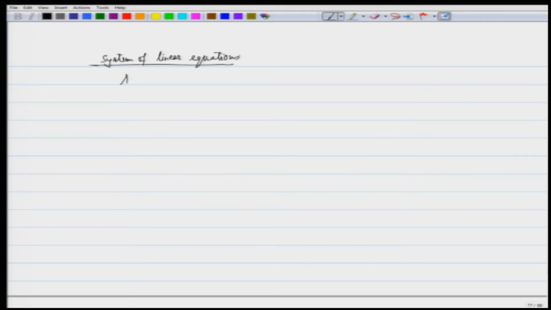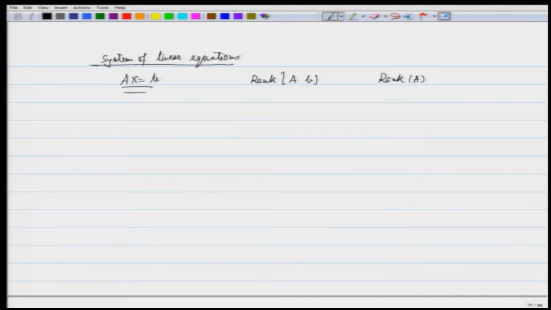So, our system of equation is Ax is equal to b, fine. We can talk of rank of AB and rank of A. So, what can be the relation?